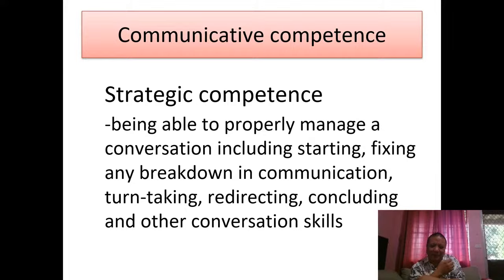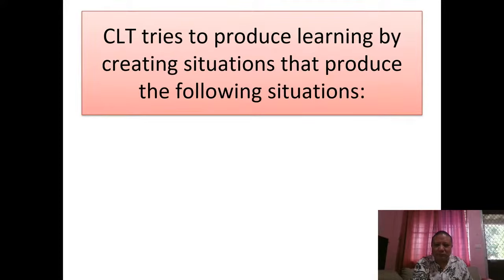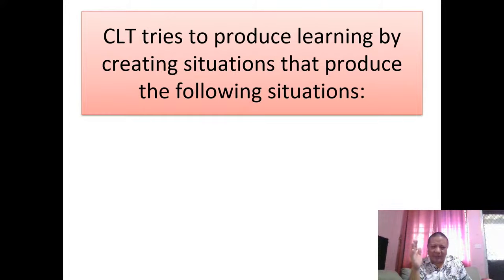And it is upon this idea that communicative language teaching is based. Okay? Now, communicative language teaching tries to produce learning by creating situations that produce the following situations. Okay? So you try to produce the following situations as a teacher.